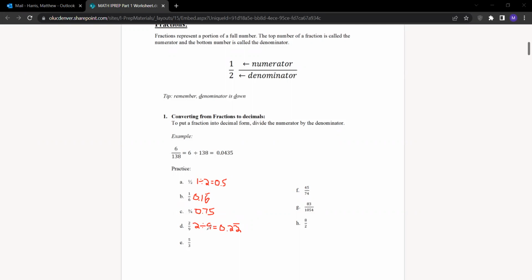Now, let's keep going. For E, we have 5 divided by 3. It's going to equal 1.66 repeating. On F, we have 45 divided by 74. Here we get 0.608.